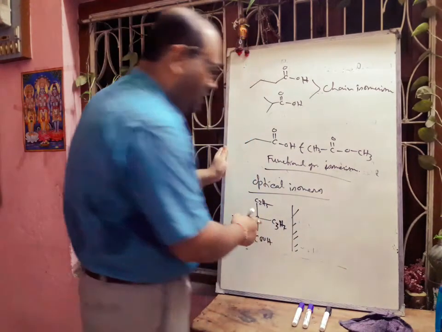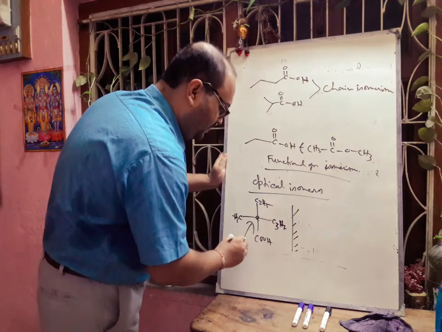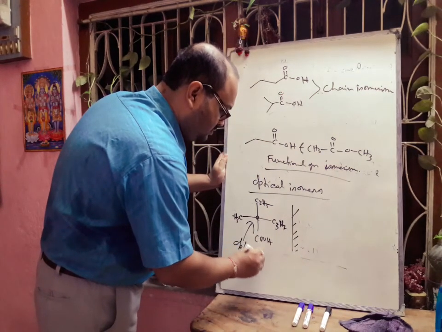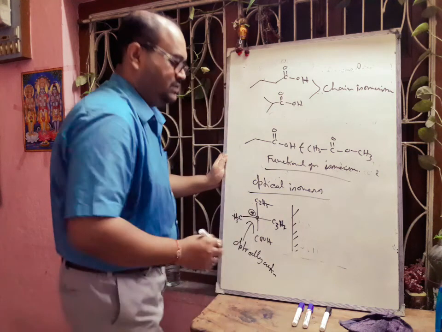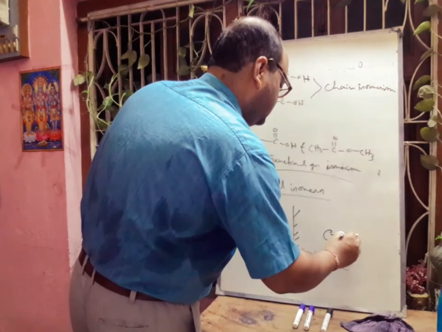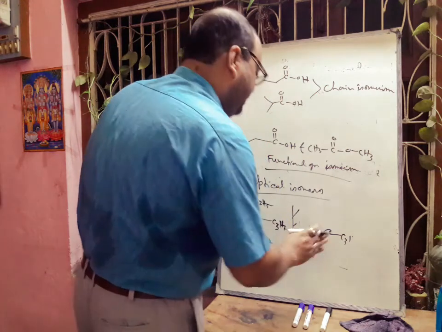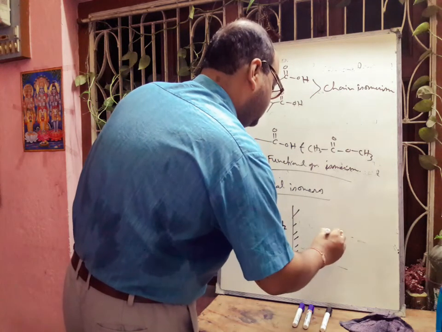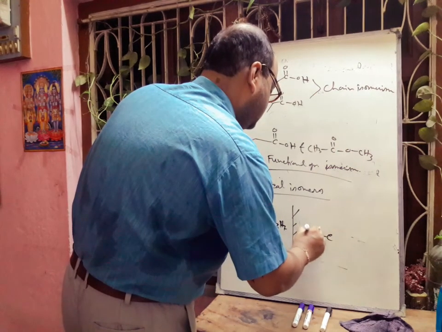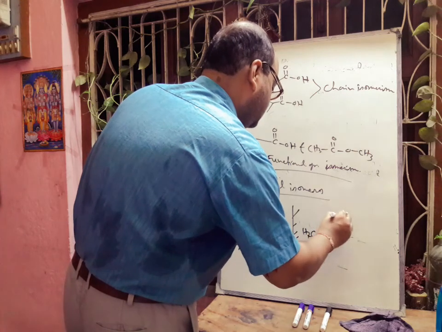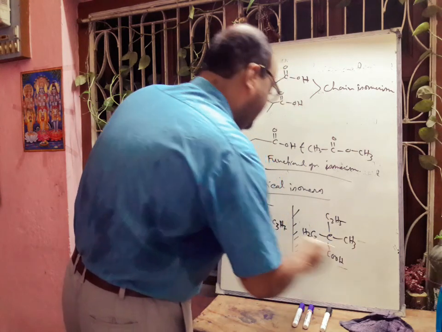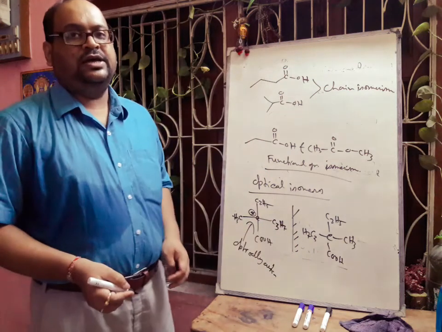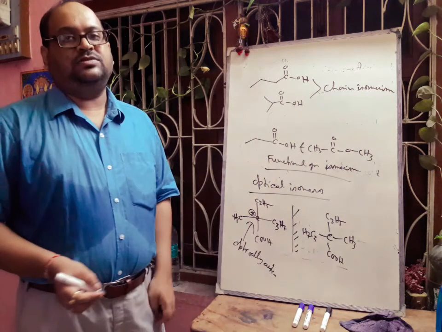Definitely this one will be optically active, as there is presence of a chiral center. Okay. So if you take the mirror image, definitely they will be enantiomers. So they can show optical isomerism also.